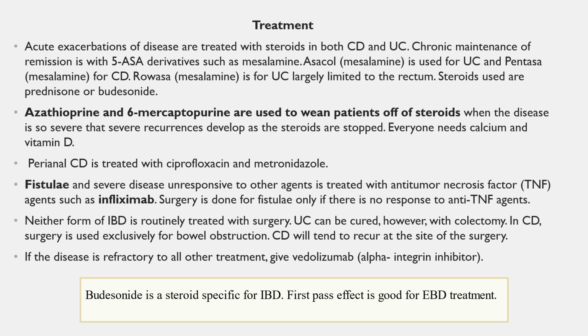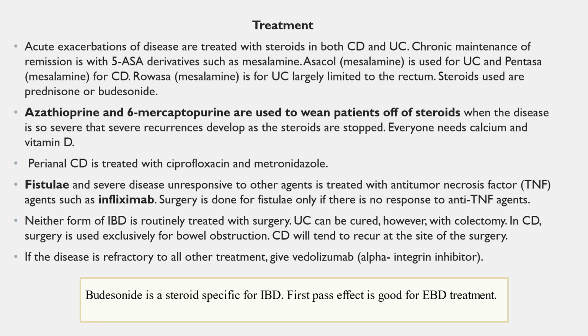Steroids which are used are usually prednisone or budesonide. Also, we need to note that azathioprine and 6-mercaptopurine are used to wean patients from the steroids when the disease is so severe that severe recurrences develop when steroids are stopped.